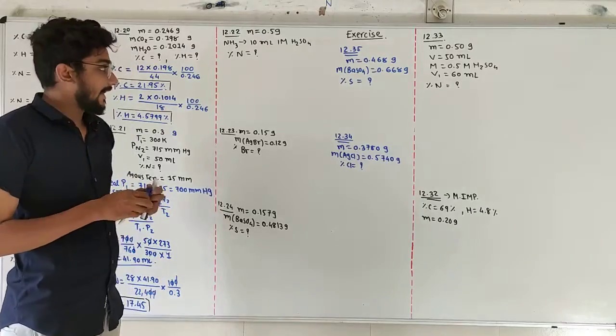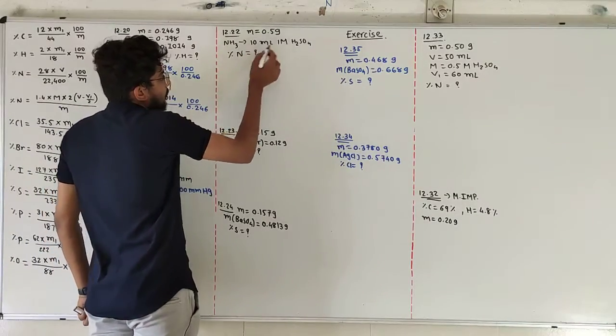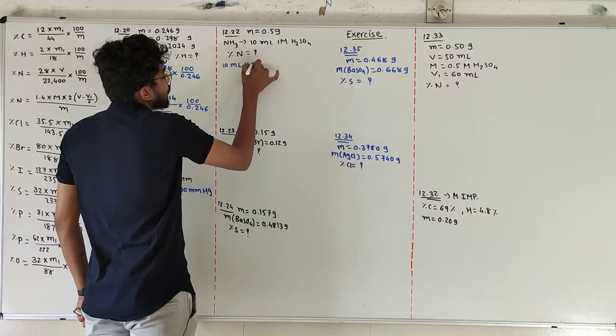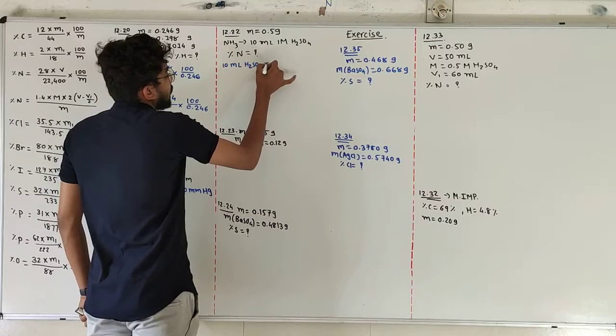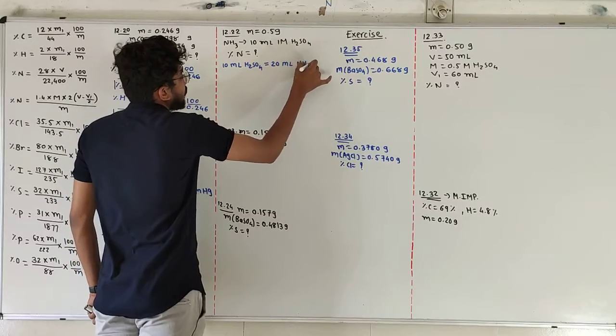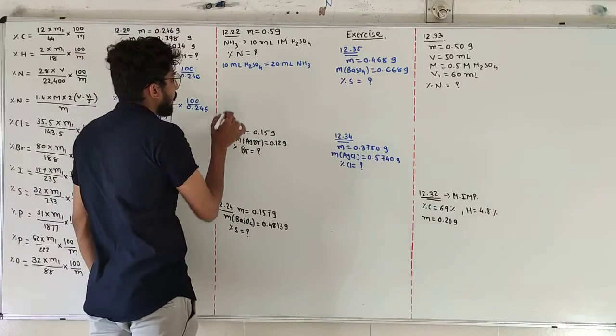It means if 10 ml H2SO4 is used, it will be equal to 20 ml NH3. So the volume of NH3 is found out.